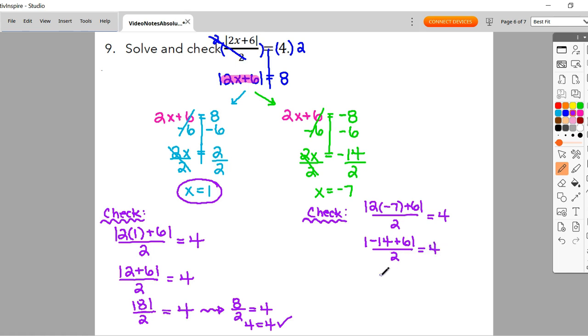Then I'll combine it to a negative 8 inside my absolute value. Remember, when I take the absolute value of negative 8, it's the distance, so that will be a positive 8. Therefore, when I do have 8 divided by 2, it will be 4, equaling the 4 on the right side. Another actual true solution. No extraneous solutions here.